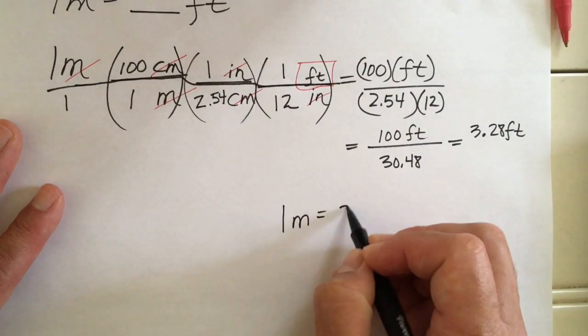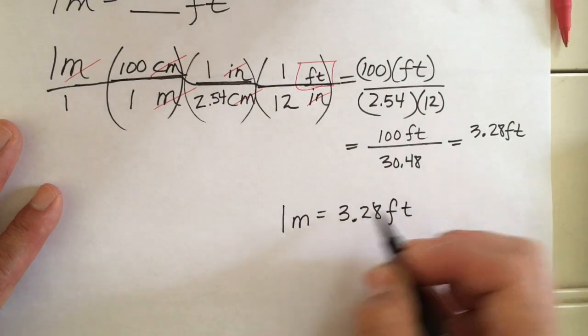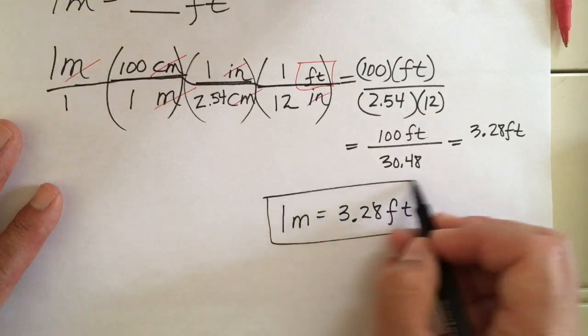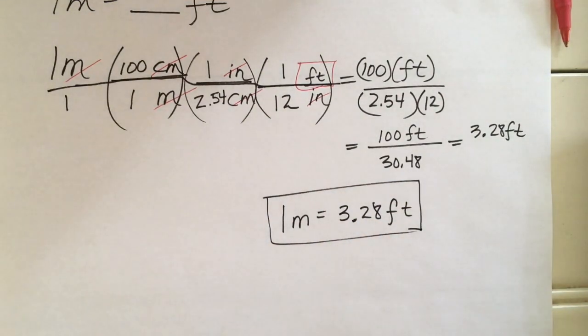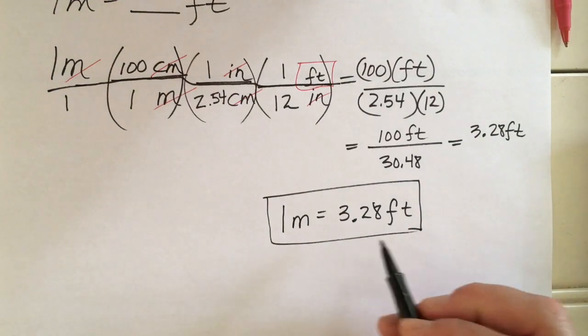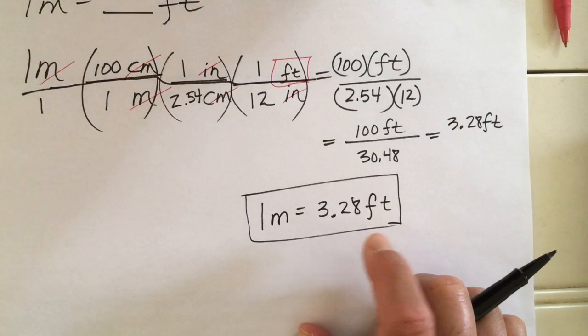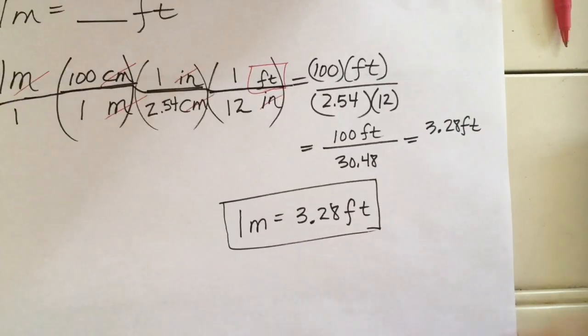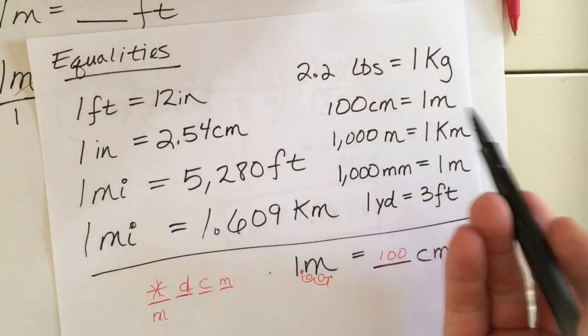1 meter equals 3.28 feet. Now you might say, well, that's a conversion factor. And I'd say, yes, you're right. It's not exact. There are a few on there that aren't completely exact, but it's close. And you might say, why don't you just tell us that one on the sheet? Well, I don't have that one memorized, and I don't give you that one.